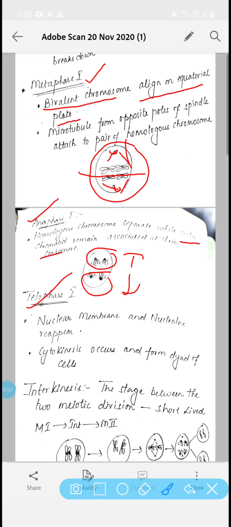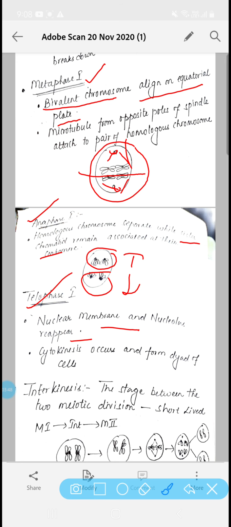Now we will move on to the last stage of meiosis 1, that is telophase 1. Here in telophase 1, what happened? The nuclear membrane and nucleolus, which disappeared in prophase 1, will reappear, and cytokinesis occurs and forms the dyad of cells.